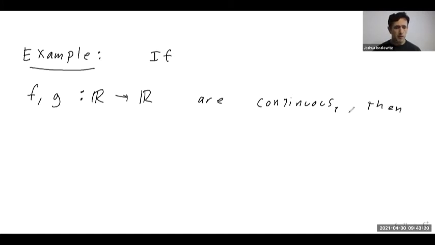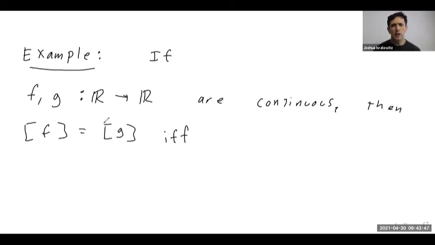Then certainly both of these are in V. They're both real valued everywhere, and they're both measurable. Continuous functions are measurable. So in this case, we're asking about these two classes being equal.